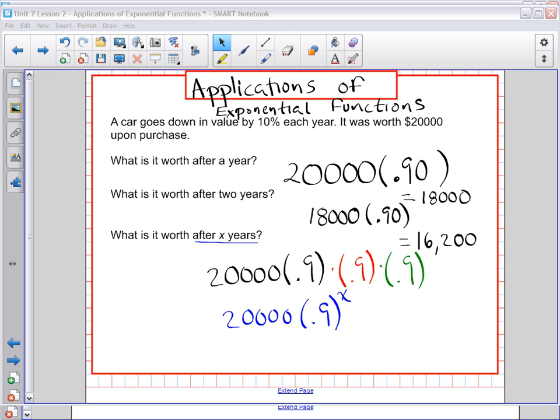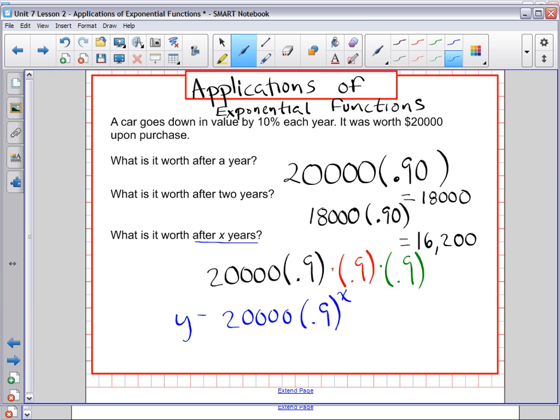There are a couple of things that we can look at before we move on from this problem. Each one of these values has a different name and a different role inside the function. 20,000 is our initial value, and it's also our y-intercept.